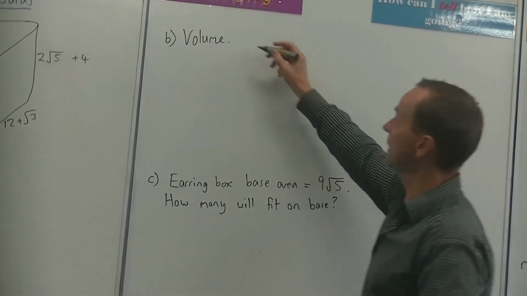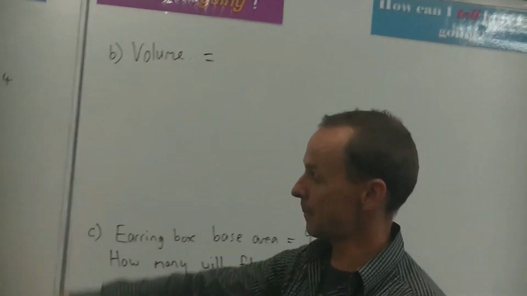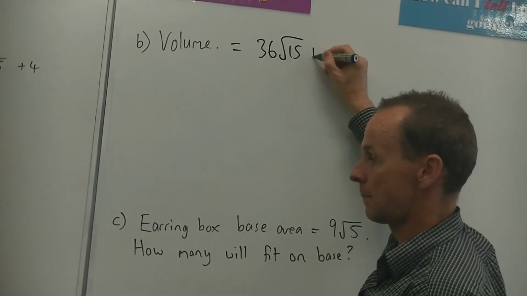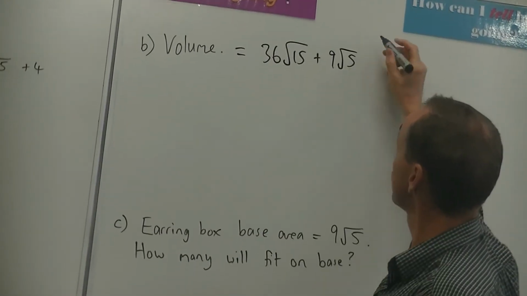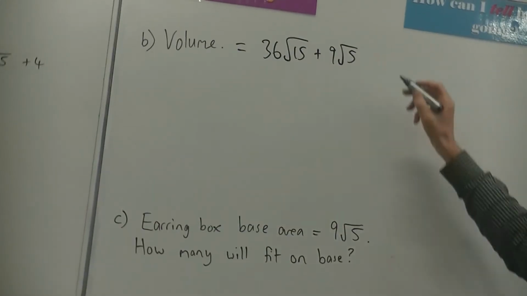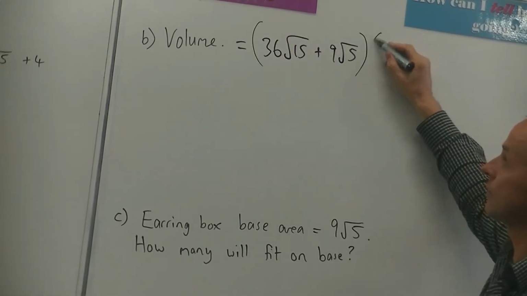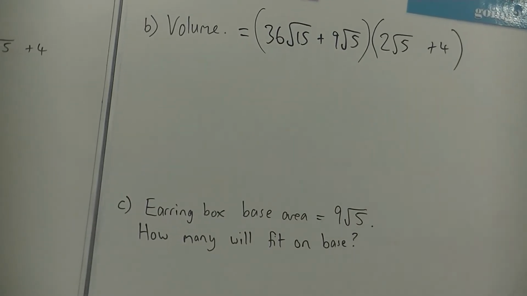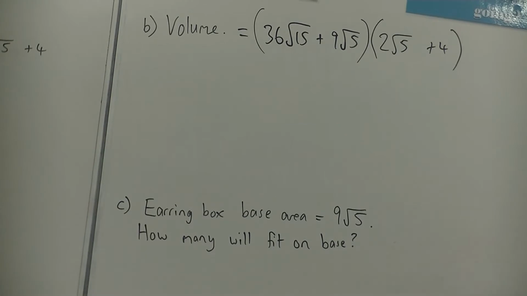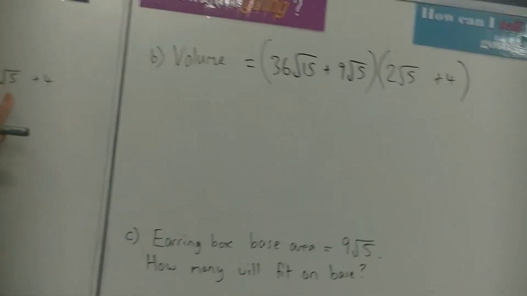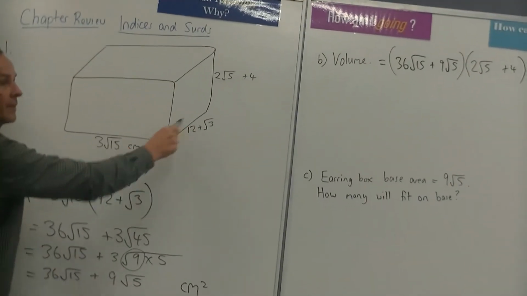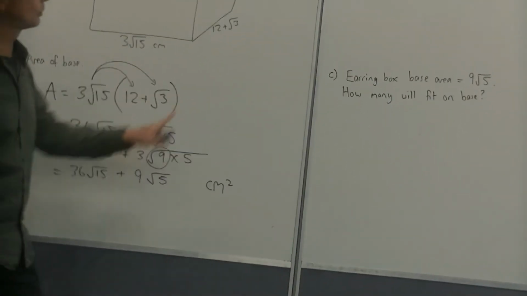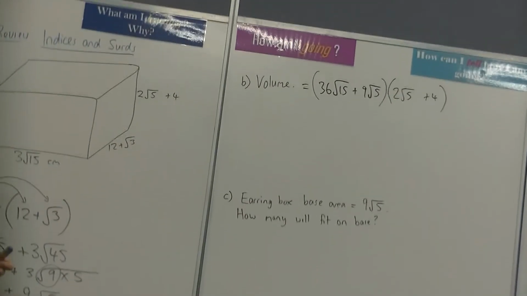So the volume is equal to the base area, which is 36 root 15 plus 9 root 5, multiplied by, so I'll put that in brackets, 2 root 5 plus 4, which is the height. So hopefully you understand. You could have just multiplied all three, but we've already multiplied the base area. So we multiply length times width, and that's our answer there in simplified form. So we just multiply it by the height to save a bit of time.